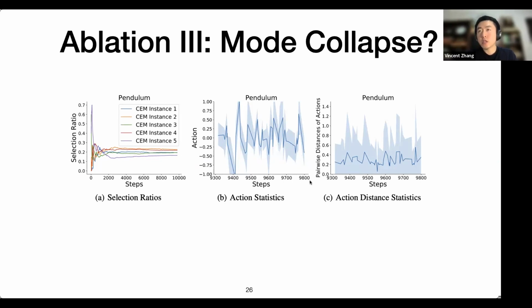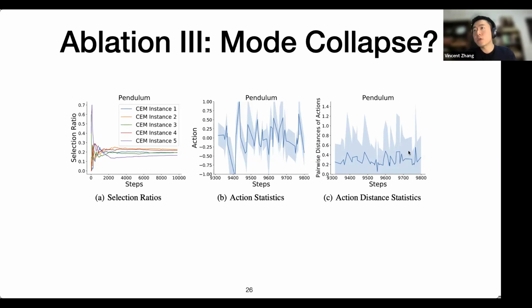So the full training is 10,000 steps. I'm really showing toward the end of it, and even at that timestamp, there's still enough diversity there. And more closely, we can look at the pairwise distance of actions.